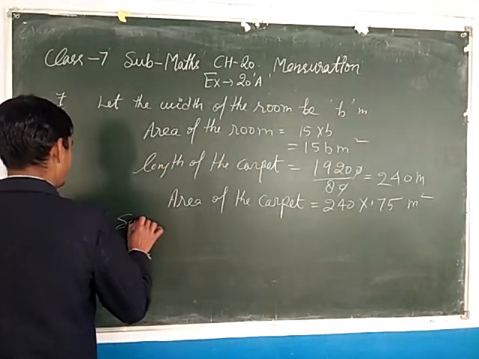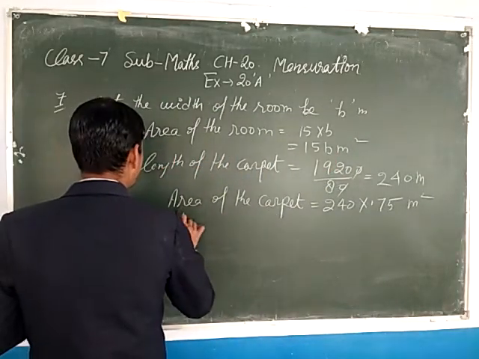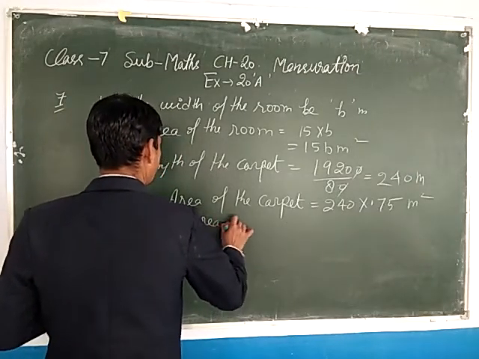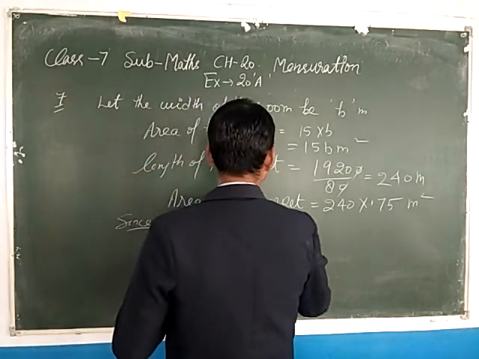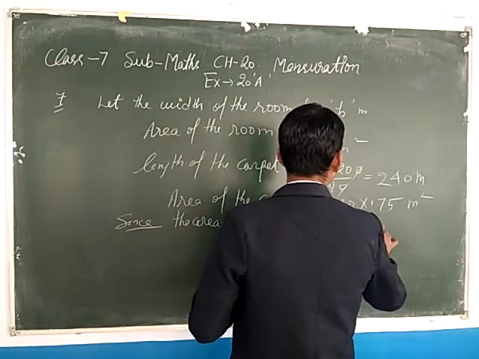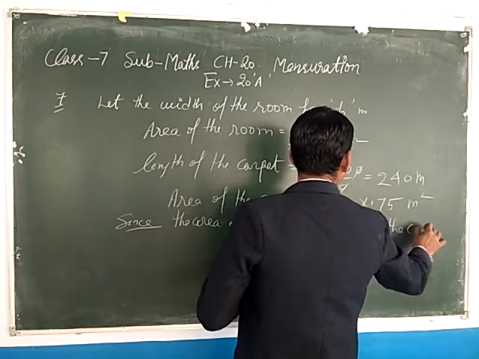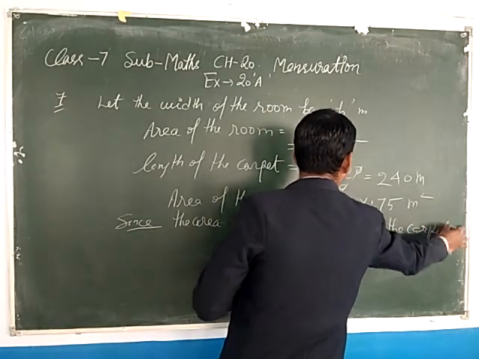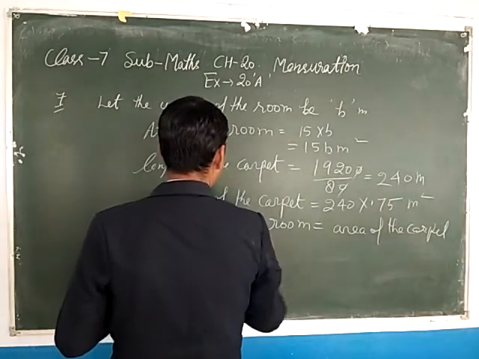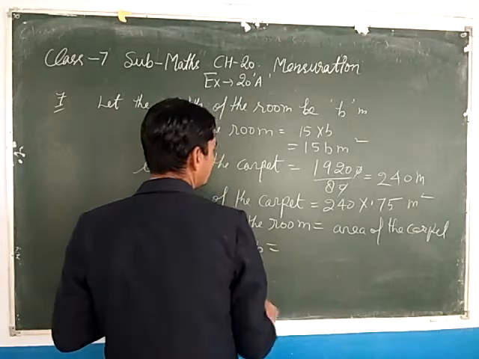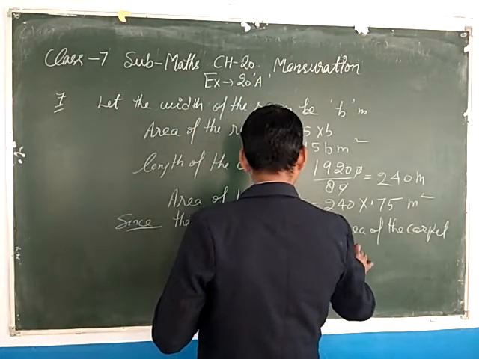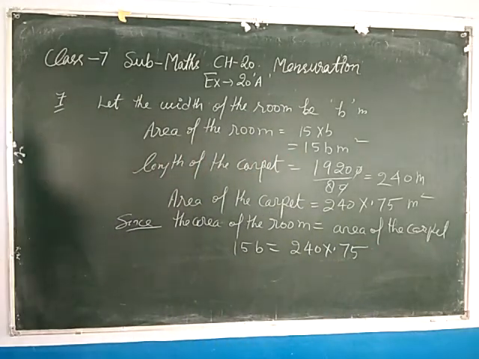Since the area of the room equals the area of the carpet, okay beta? So the area of the room, 15 b, equals the area of the carpet, 240 multiply 0.75.